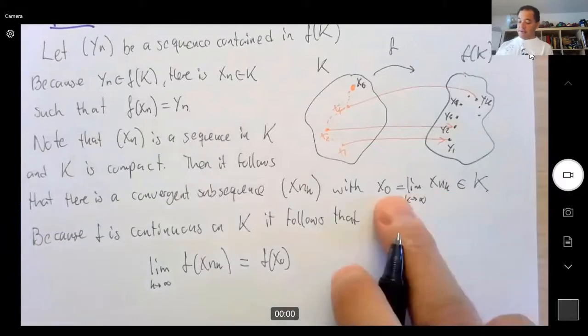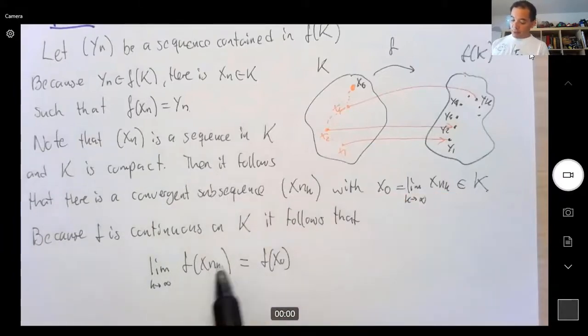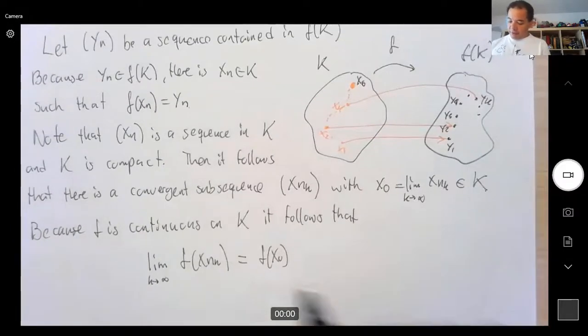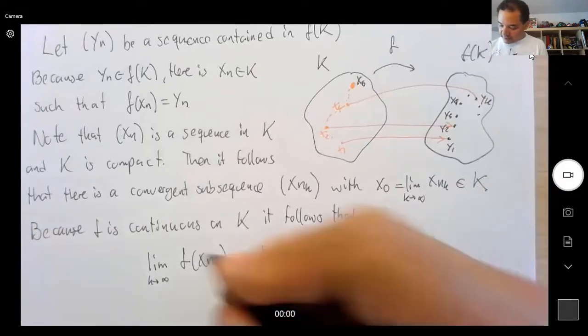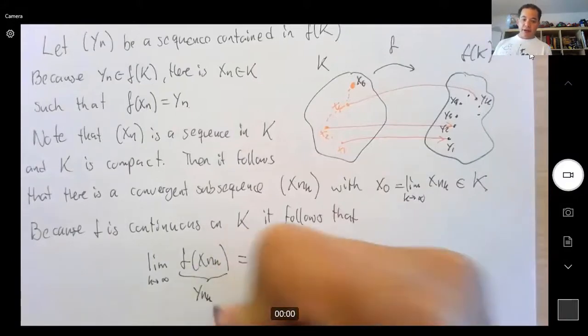That's because x0 is a limit point, right? If we have a limit point, we are allowed to say the limit here equals the function over here. All right, so what was this? Well, this one is actually y_{n_k}, right? Let's not forget that. This is actually y_{n_k}, because that's how we defined the x's.